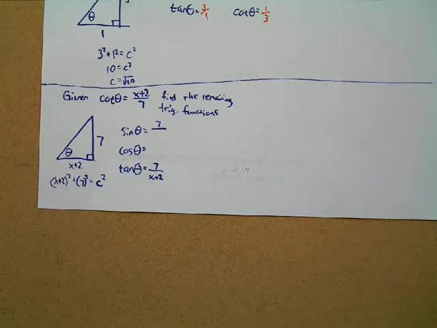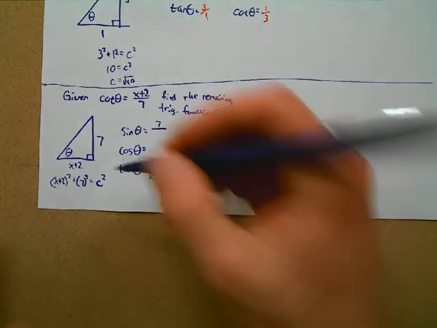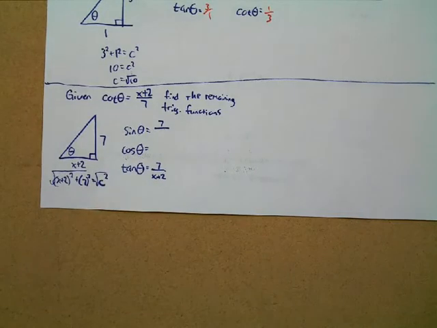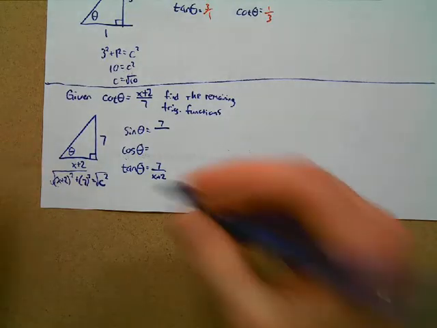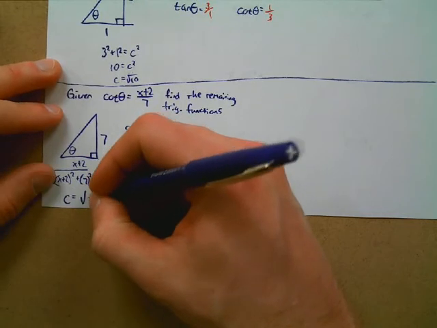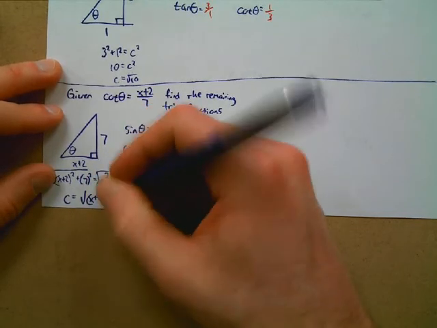So you can just leave it like this, and just say that c is the square root of (x + 2) quantity squared plus 49 there. Okay, like that. If you wanted to, you can square out that x + 2 and then add the 49, but it's still going to be the square root of some quadratic.